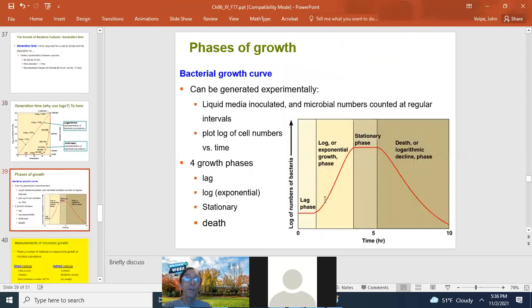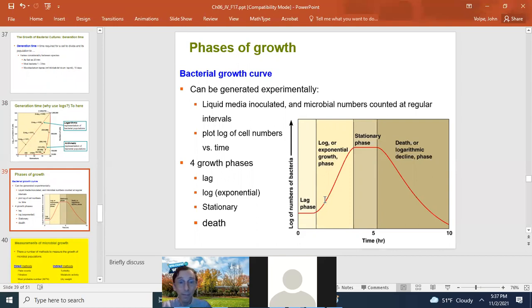When we're talking about growth, it's important to realize that bacterial growth has different phases of growth. And this is generally true for almost all living populations, this growth curve. It can be generated experimentally, like when you put something growing in a liquid media and then you put it on a solid media, or vice versa.